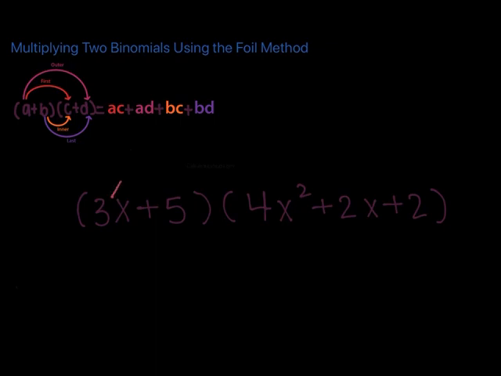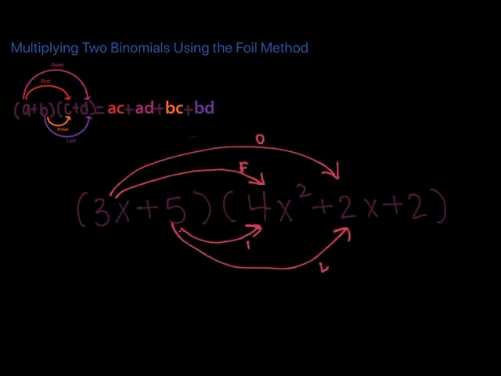The first would be a times c, the outer would be a times d, the inner would be b times c, and the last would be b times d.